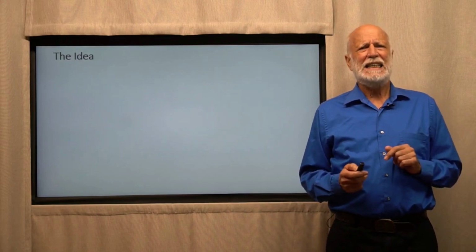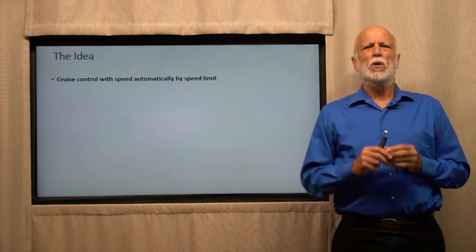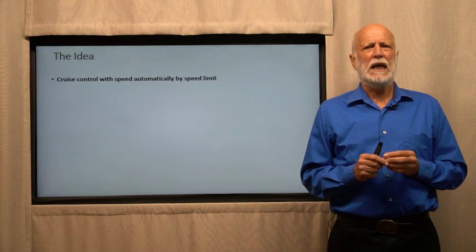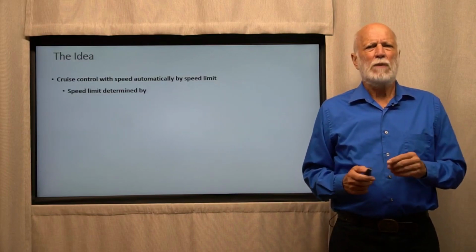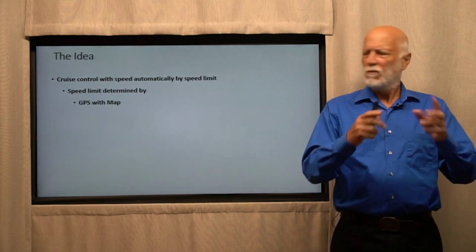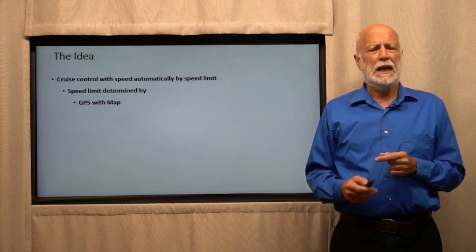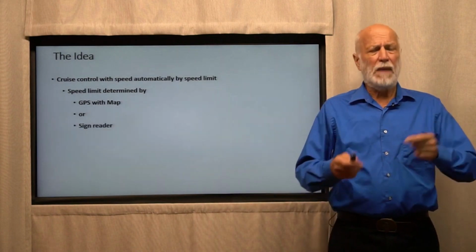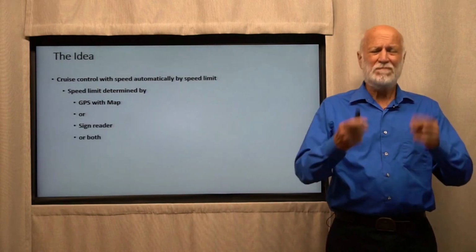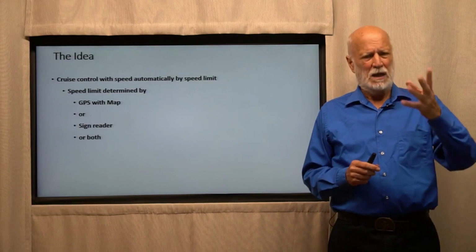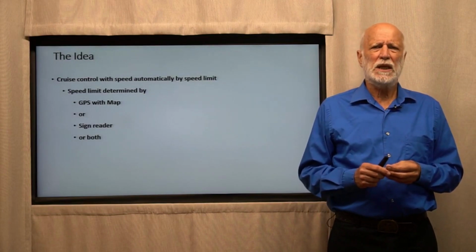So let's give an idea here. A cruise control with speed automatically set by the speed limit. And we're going to find that speed limit either with a GPS and a map that has the speed limits, or maybe a sign reader, or maybe both. A couple of ways we could do this.